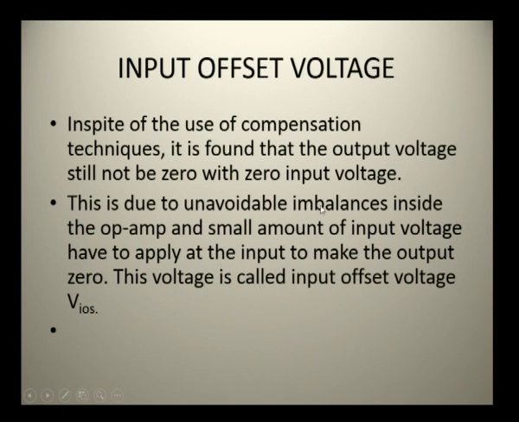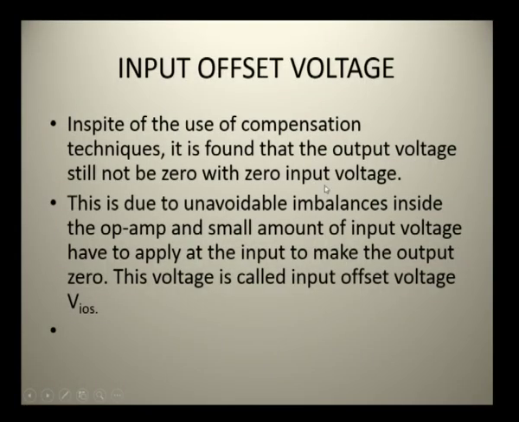Because of the mismatch of the transistors internally, we are getting imbalances in the circuit by which we are getting an output voltage. This is said to be an output offset voltage. To nullify this effect, we have to give some input voltage, called input offset voltage, to nullify the output voltage when the input signals are 0.